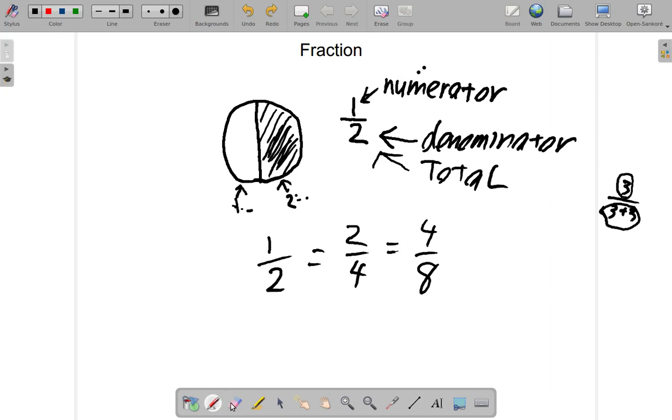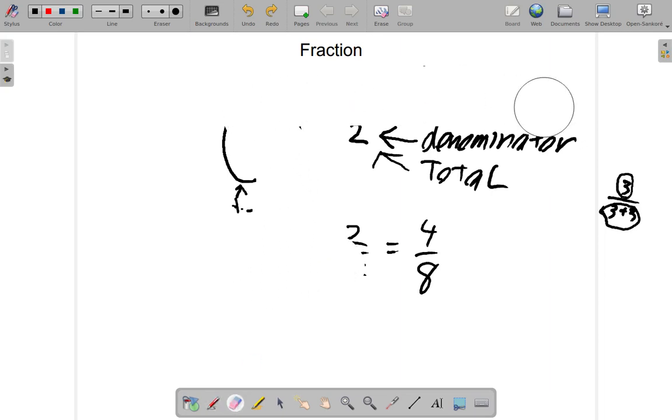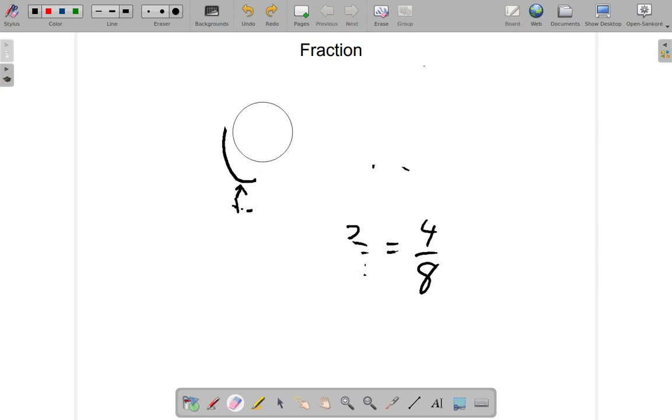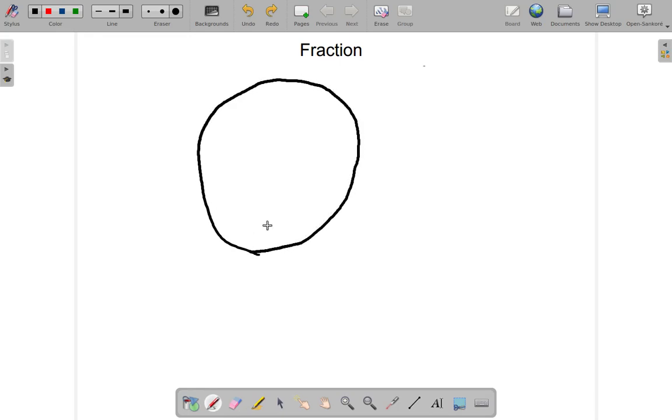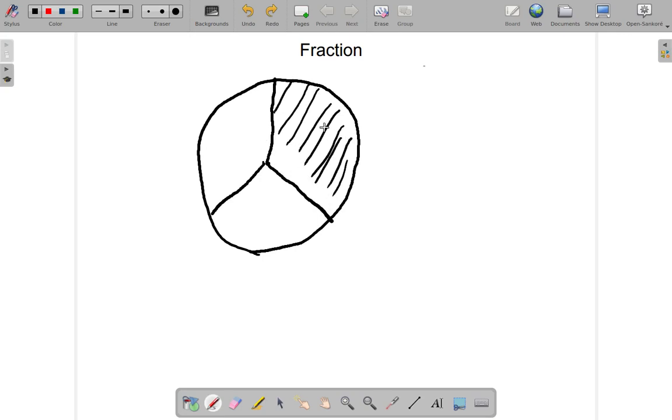Let's look at another fraction. Say we look at my whole here, one entire circle, and I cut it into 3 equal parts, and I shade this part.